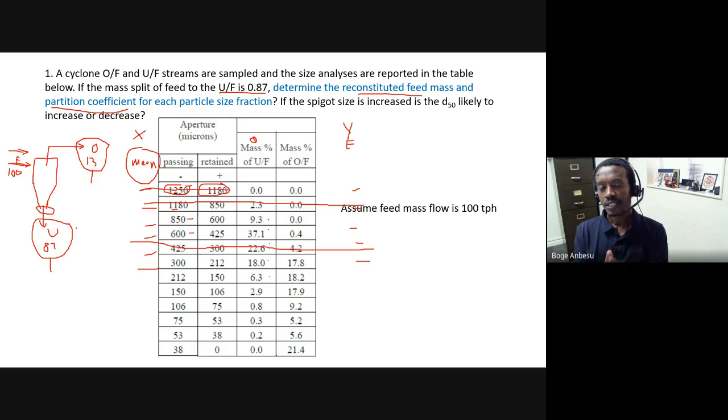The other issue is dense medium separation. For dense medium separation, we use a dense media that's made from particles. We suspend 75 micron or 50 micron particles to make up the media itself.